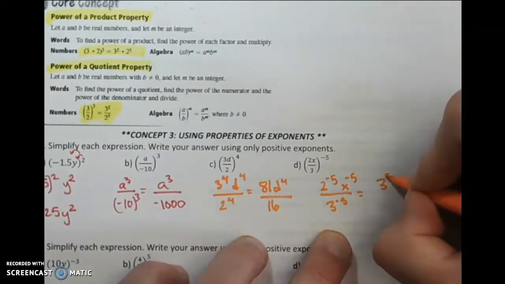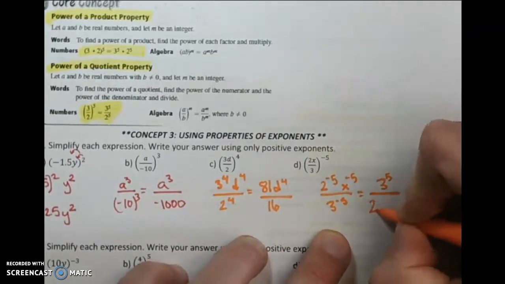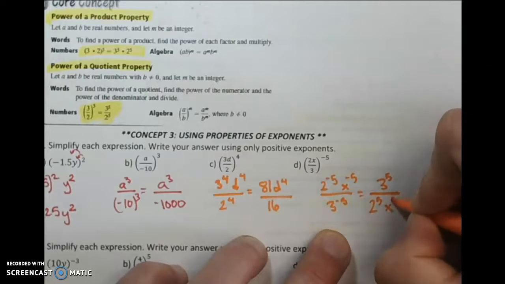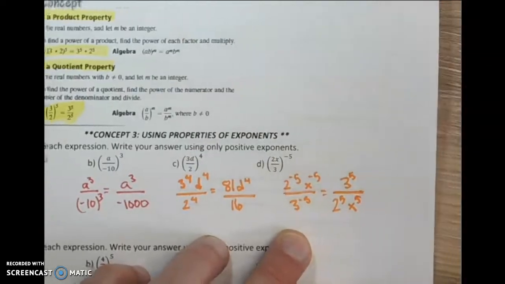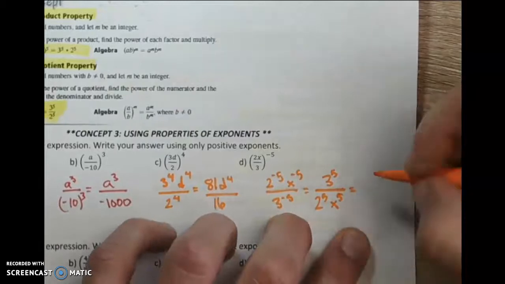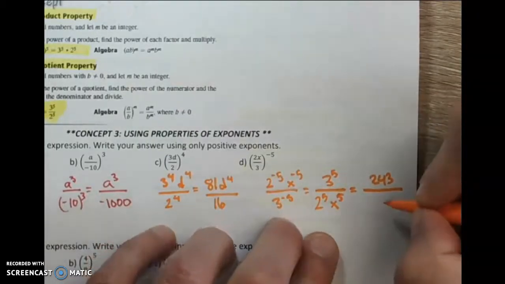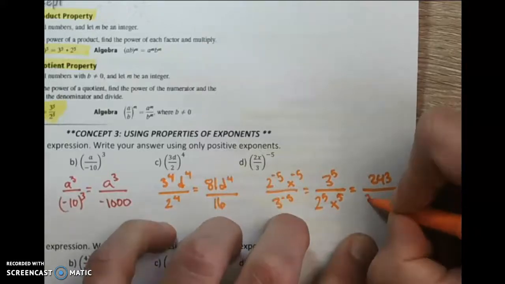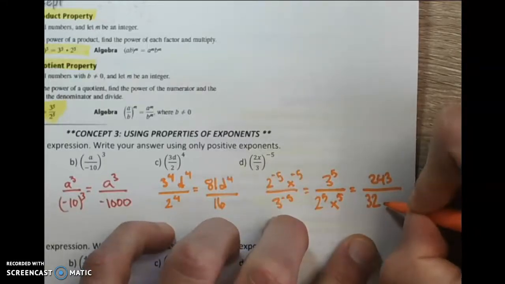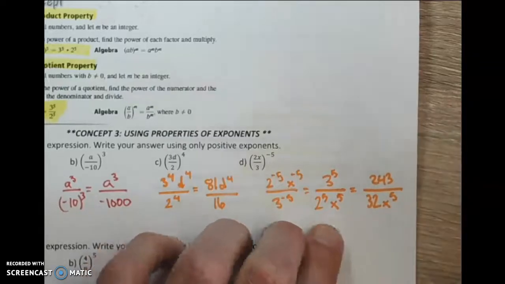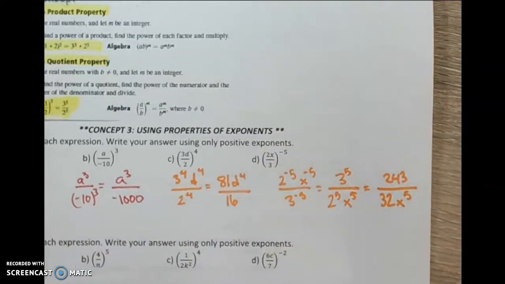So it becomes 3 to the 5th power over 2 to the 5th power, x to the 5th power. And then I could go one step farther. 3 to the 5th power is 243. 2 to the 5th power is 32. And x to the 5th power is just going to stay that.